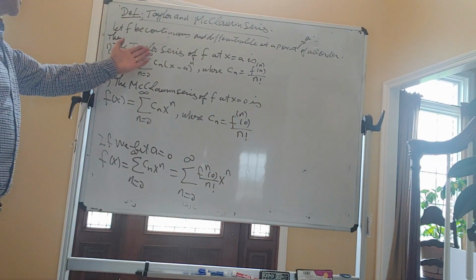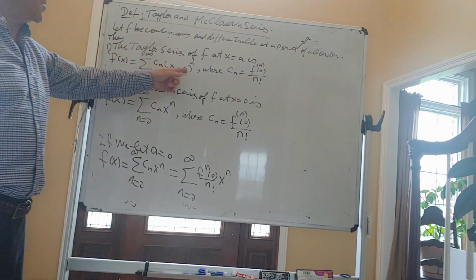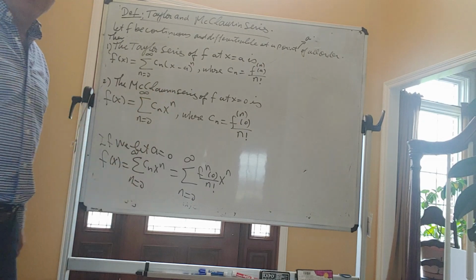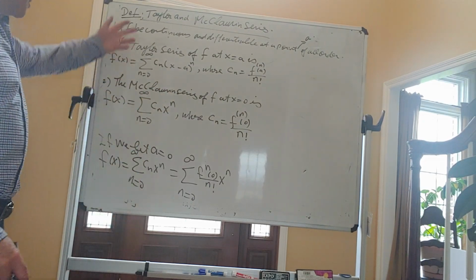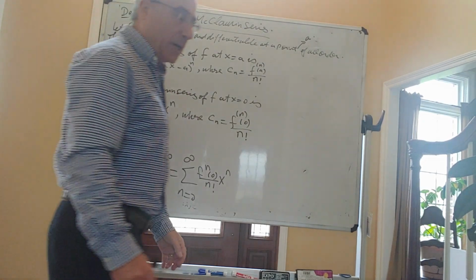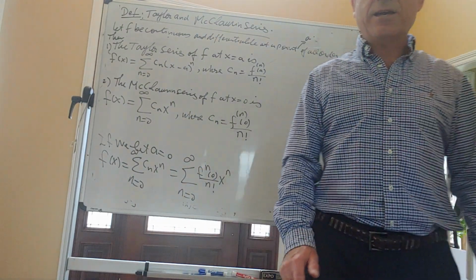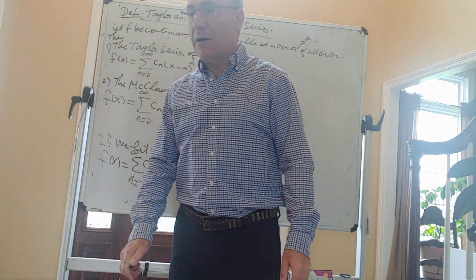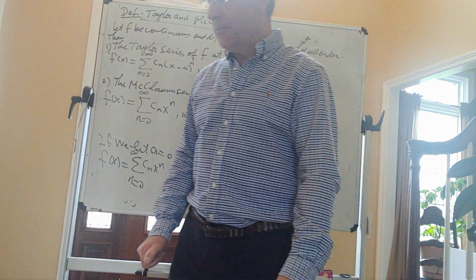So this is the Taylor series at x equal a, where a is non-zero, and if a is 0, then we call it the Maclaurin series. Now these are very important later on in application in your engineering classes, higher upper math classes, and so forth. So you need to know this stuff, and let me do a couple examples.